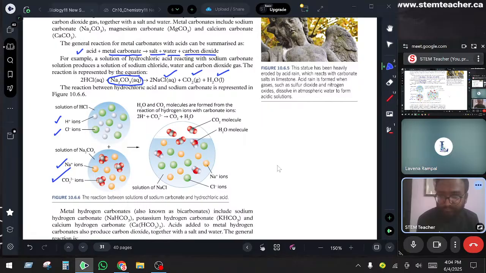NaCl is the salt solution, and H2O water molecules and carbon dioxide molecules also form here. This is a general equation.